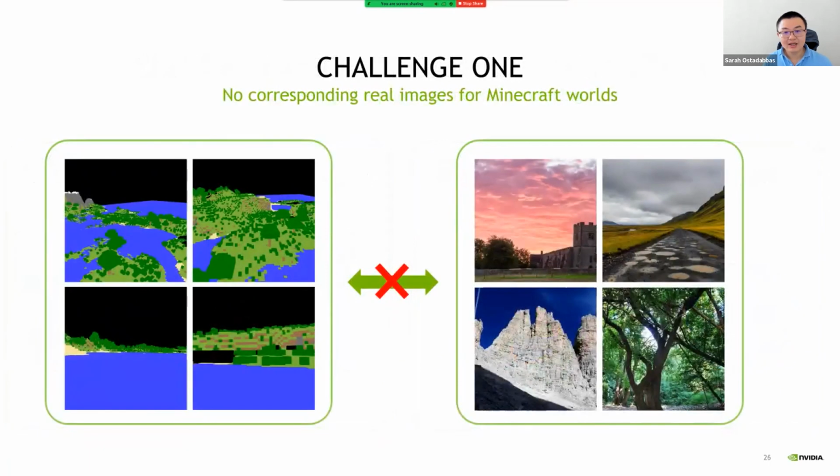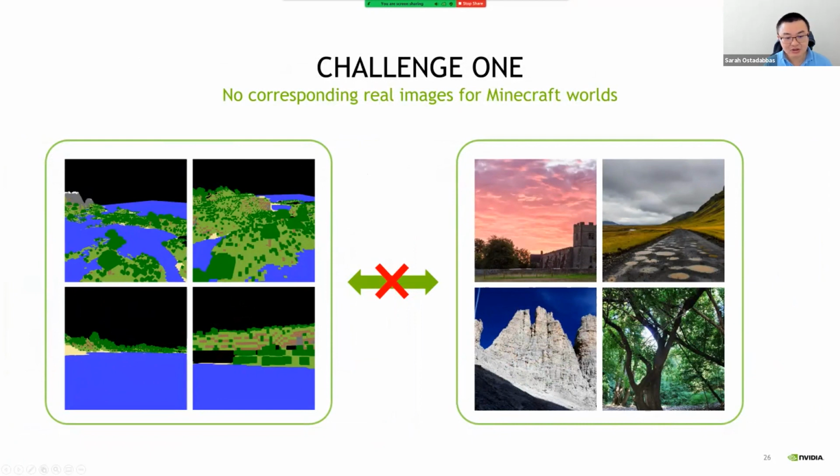All right. And there are challenges. First of all, this is a 2D projection of a Minecraft world. Basically, each Minecraft block has a semantic class, and each semantic class you assign a color, like a tree is green and the ocean is blue, and you take a 2D projection of this semantic world, and you have these semantic images.